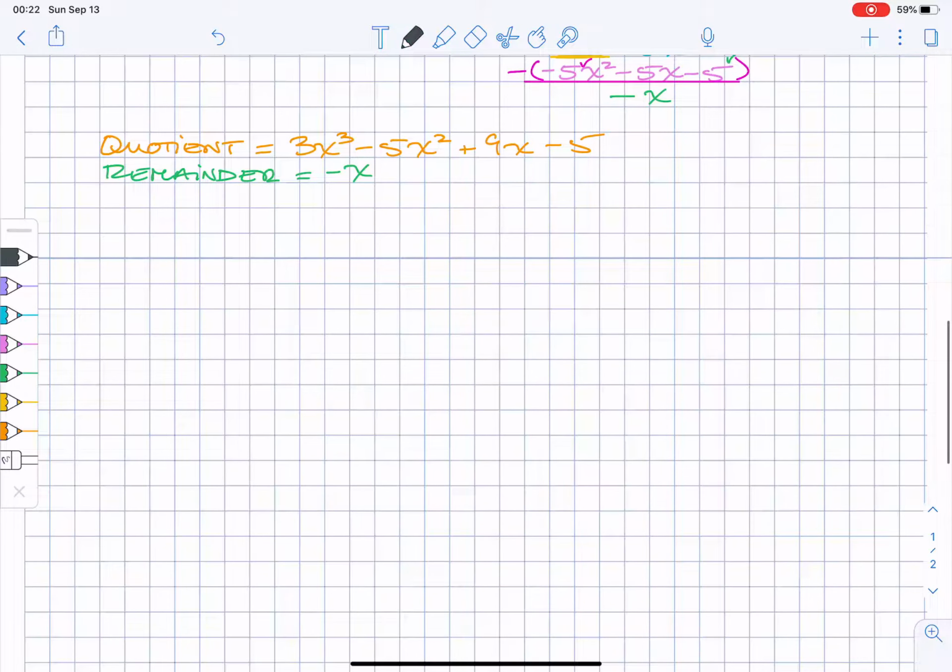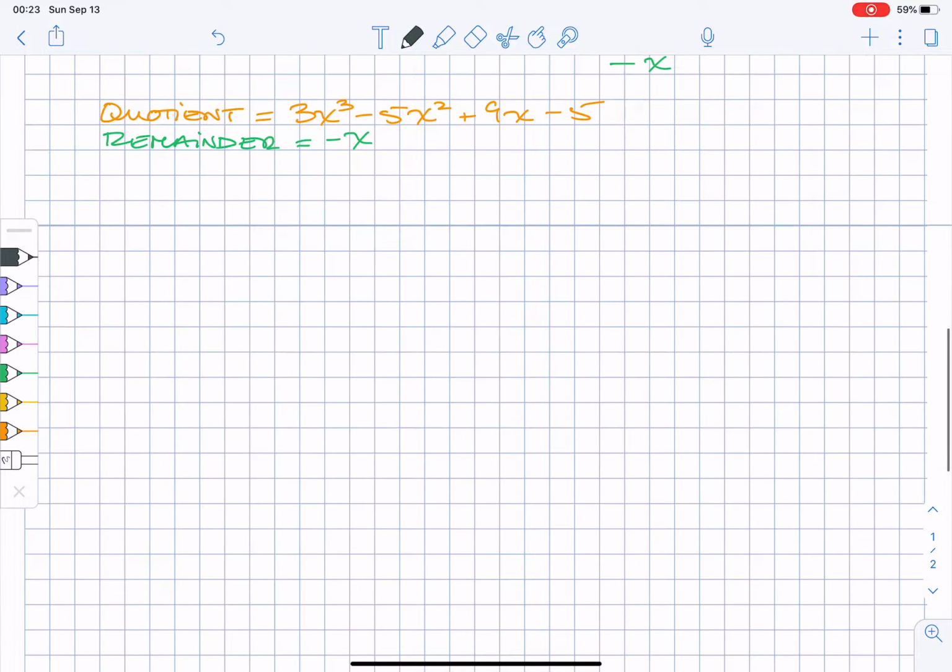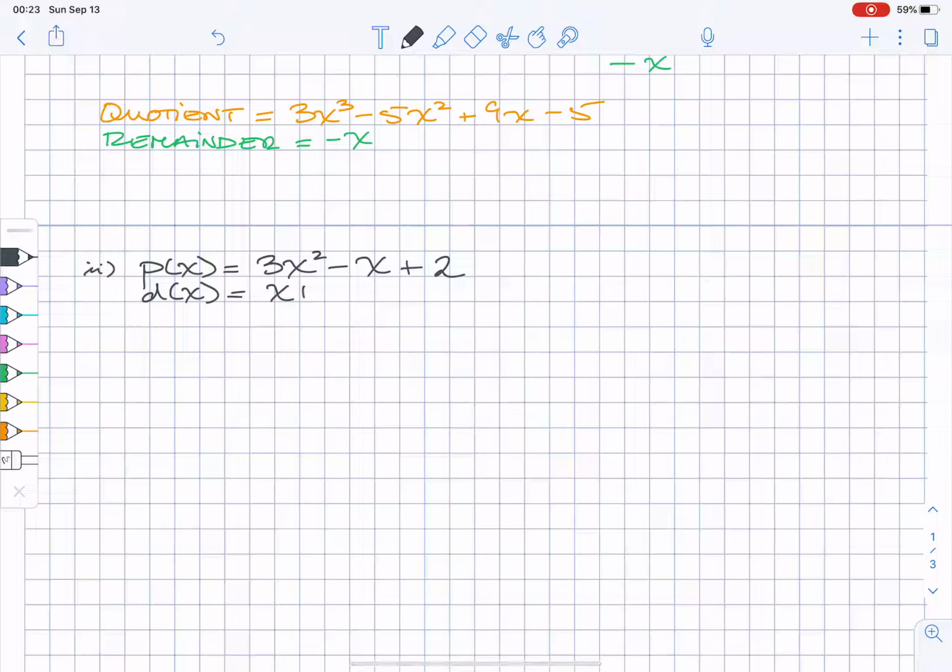Let's do another one. So number 2, let's make our lives easier this time. Let's say the polynomial I wish to divide is 3x squared minus x plus 2, and let's say the divisor is x plus 1.